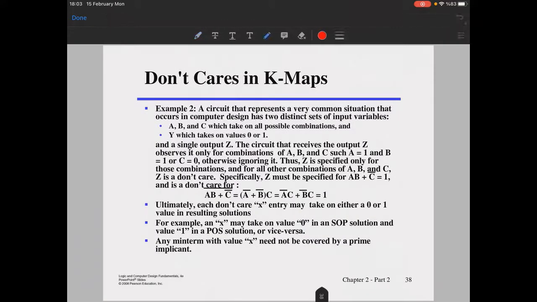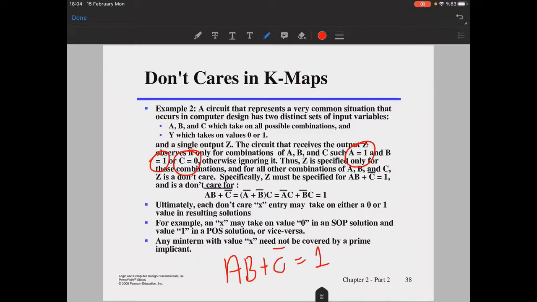Suppose that you have a particular circuit just giving an output for A equals 1 and B equals 1 and C equals 0. That's it. Cases like this case, A, B, not C will give you 1.